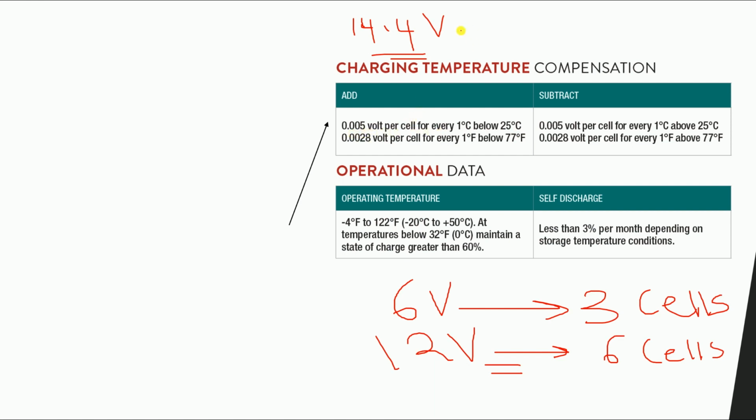So it will be plus 0.005 multiplied by the number of cells. Since we are talking about a 12 volt battery, we have 6 cells, so we will multiply by 6, and then we multiply by what? By the difference in temperature. So let's say we reach 10 Celsius degree, then it will be 25 minus 10 Celsius degree.